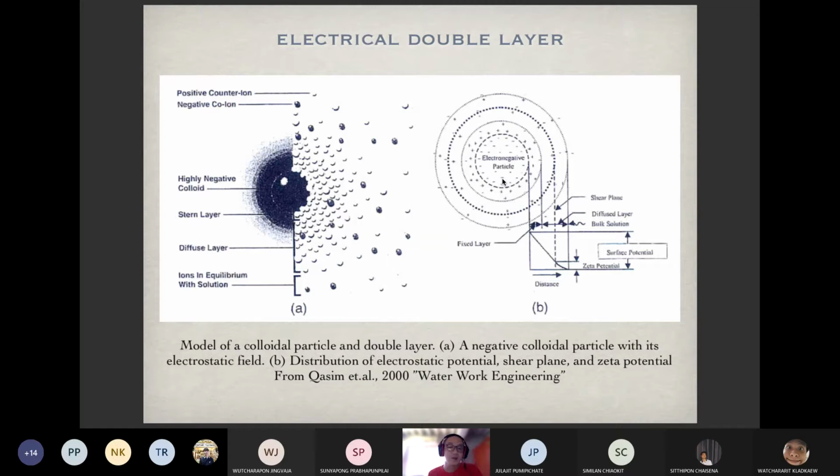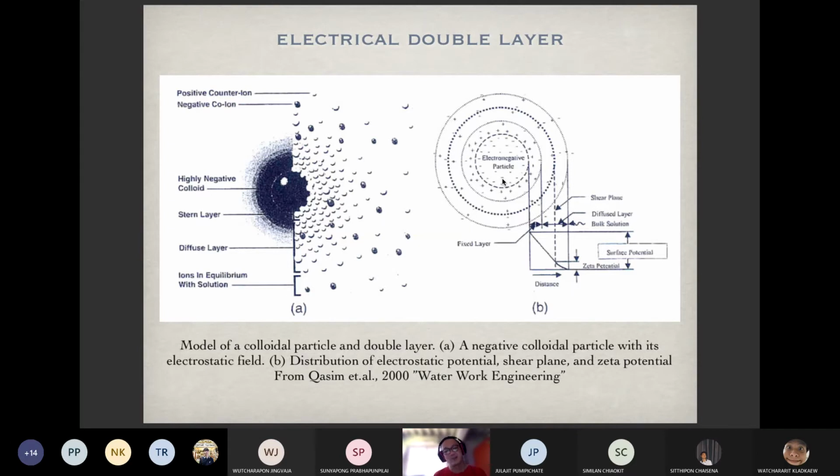So the best option that we generally use is alum. Alum is the aluminum salt which gives 3 positive charge. Or we can use ferric, which also gives 3 positive charge. These 2 metals, aluminum and iron, we normally call coagulants. These positive charge coagulants are powerful enough to neutralize the charge.